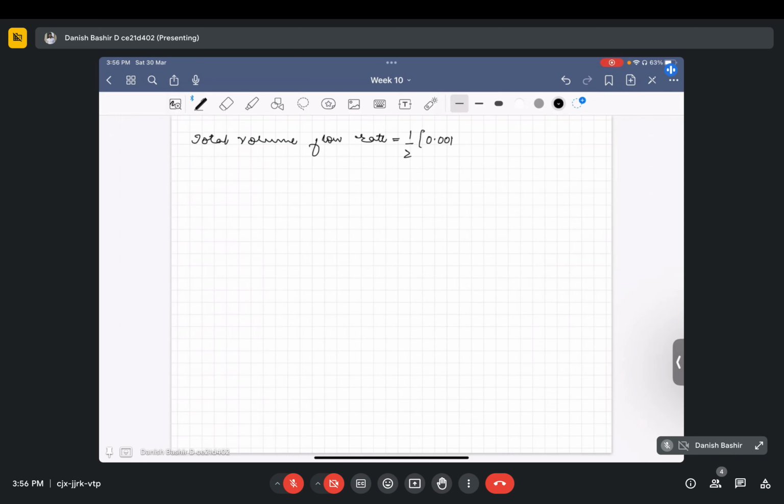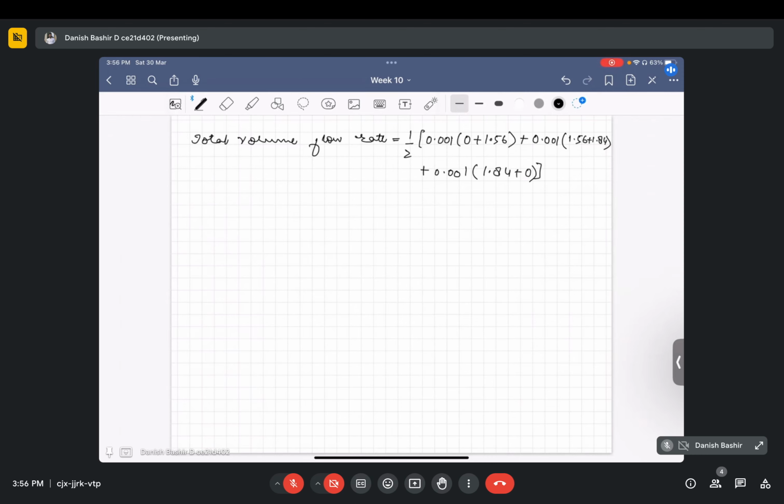0.001. I will directly write the values by using the formula: 0 plus 1.56, U1 plus U2. Then it is L2, 0.001, U2 plus U3, 1.56 plus 1.84. Then it is 0.001, U3 plus U4. 1.84 is U3, U4 is 0.